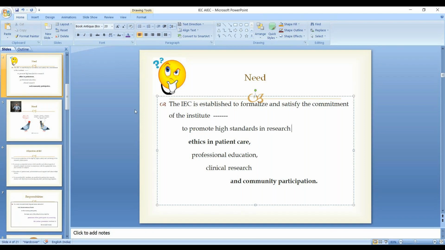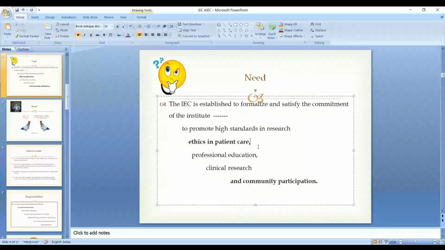Apart from that, ethics in patient care, which is very important. While doing high standard research, you have to take care of ethics in patient care. Patient जो है तुम्हारा जो community participant है, he should be taken care of in every aspect.